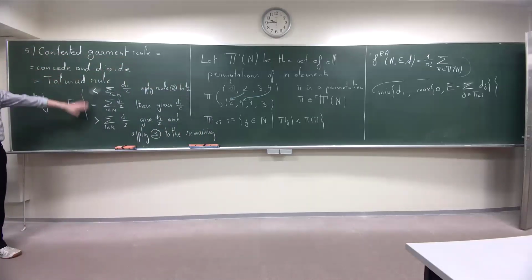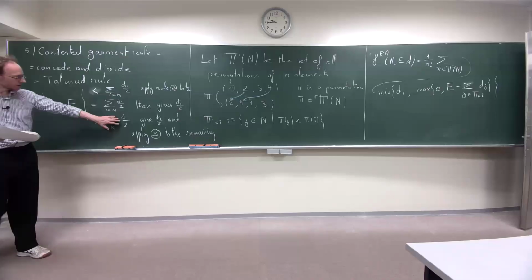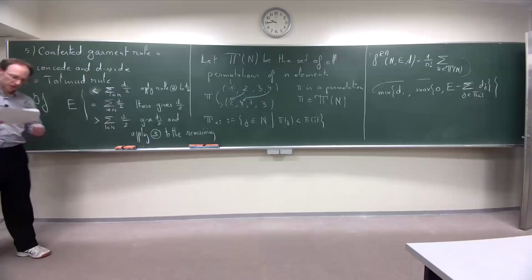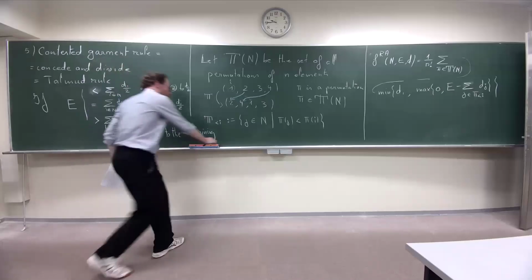So I'm going to write one more formula for this. We have 3 cases. Either it's strictly smaller, or it's equal, or it's strictly bigger. If it's strictly smaller, you apply the second rule I introduced. If it is equal, you just give di over 2 to each player. And if it is bigger, you first give this di over 2, and then the difference, you apply a certain rule. So what does it mean?